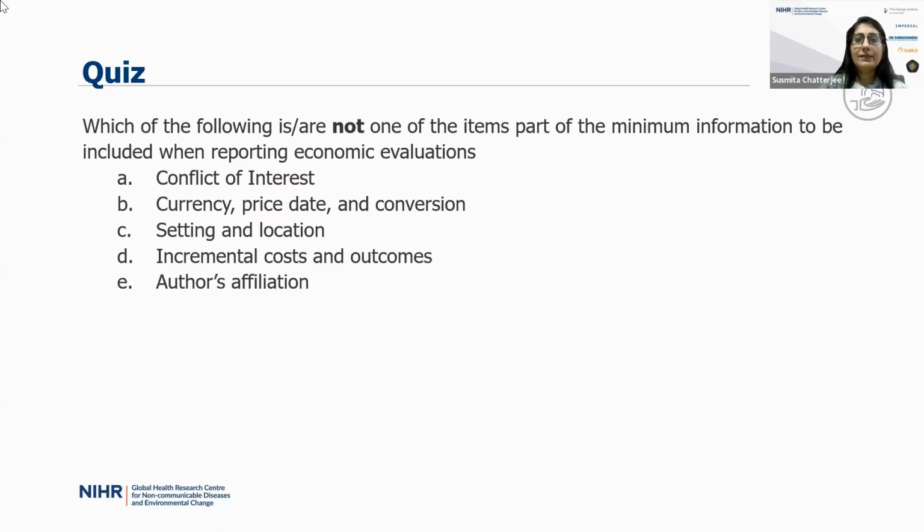In the chat, please. Think about it. Which is not required?